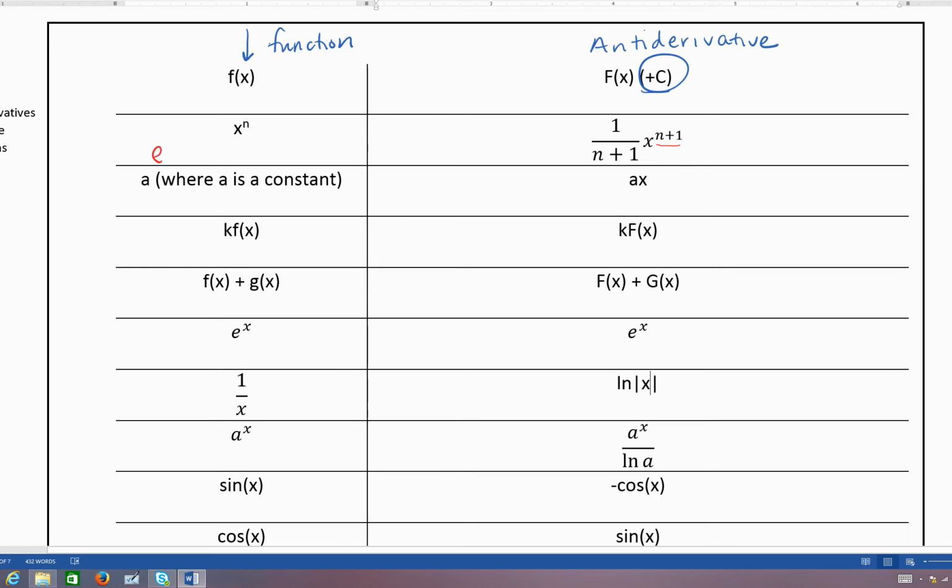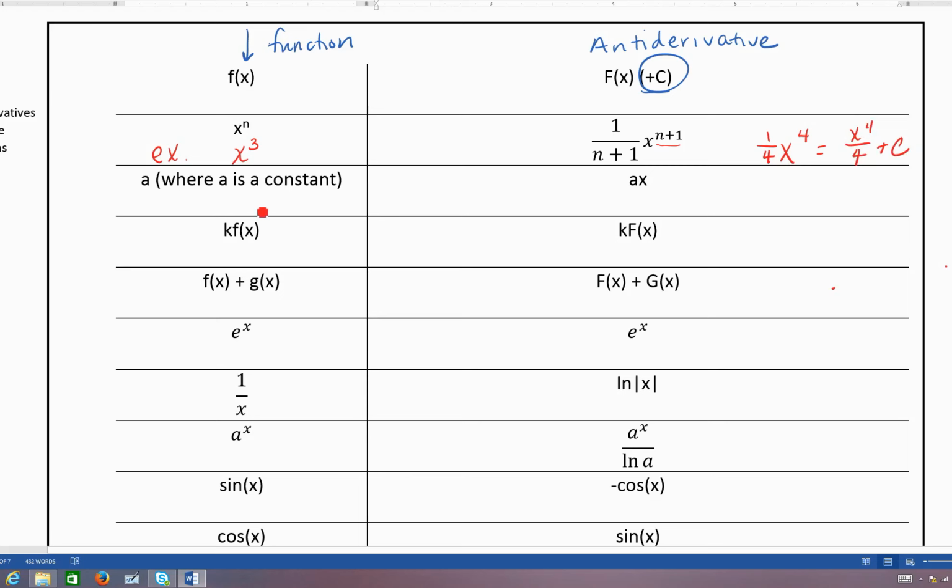For example, if we have x cubed, we raise that to x to the 4th, and then we'd have 1 over 4, 1 over that new power. So raise the power, divide by the new power. This is the same as x to the 4th over 4. Oops, not over x, over 4. And then of course you'd put plus c.